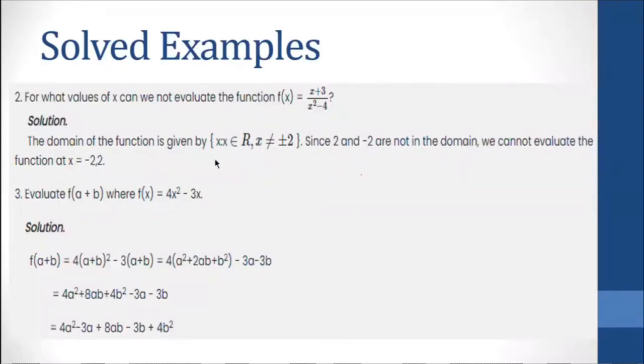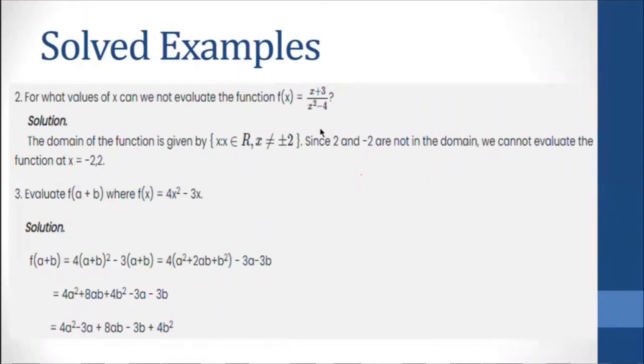Okay, next, another solved example. For what values of x can we not evaluate the function f of x equals x plus 3 all over x squared minus 4? And it is an example of a rational function. So the domain of the function is given by x such that x is an element of the real numbers where x is not equal to plus or minus 2.